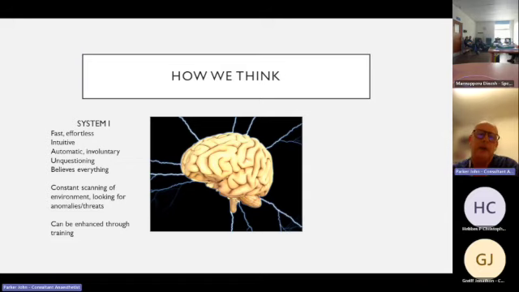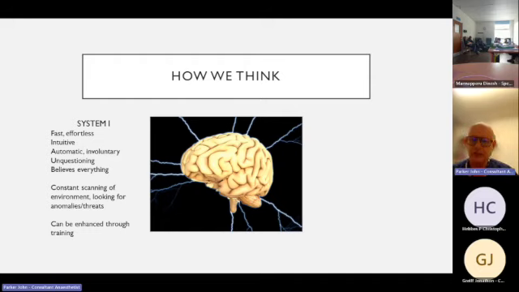System 1 is essentially something where you almost don't know it's happening. It's very rapid, effortless. You're not even thinking about it. It's generally intuitive, automatic, involuntary, and actually believes everything that it sees in front of it. So it's quite concerning that the brain works like this, but it believes everything, at least for a split second, that's in front of it.